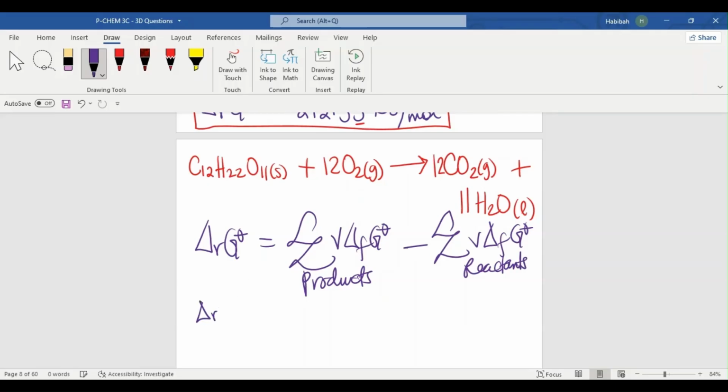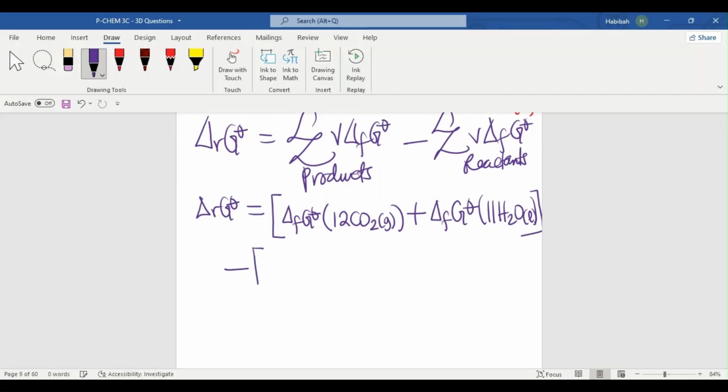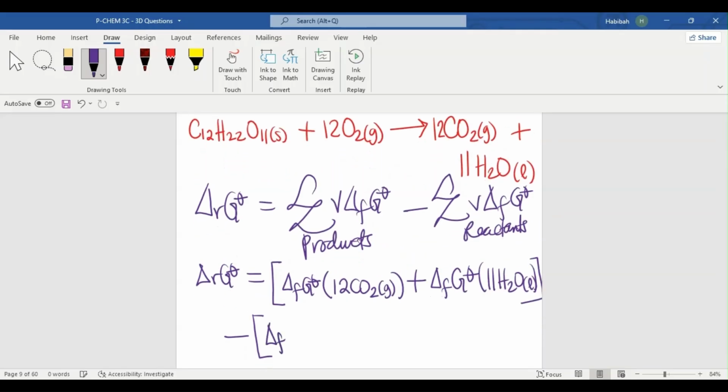minus the summation of the Gibbs energy of formation for all of the reactants. So you end up with the Gibbs energy of reaction equal to this one right here. You have the Gibbs energy of formation for the first product, 12 CO2 gas, plus the Gibbs energy of formation of the second product, 11 H2O liquid, minus the Gibbs energy of formation for the reactants: C12H22O11 solid, the first reactant.